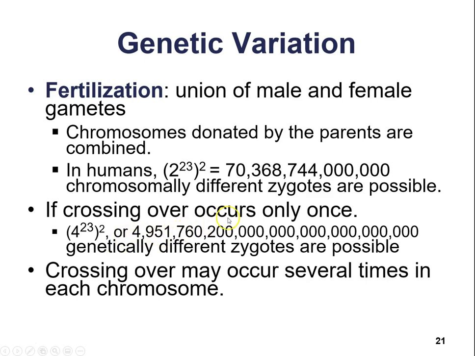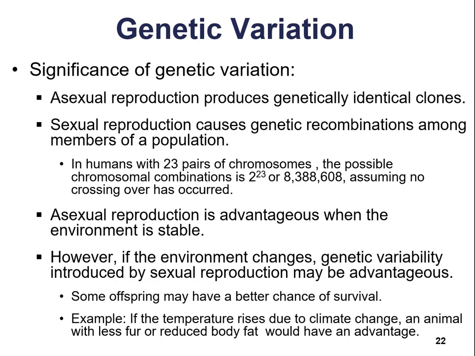If crossing over only occurs once, then you're increasing this a whole bunch more, okay? And crossing over doesn't only occur once. It may actually occur several times on each chromosome, okay? So you can see how much variation is introduced just by these two processes that we talked about. So again, this is reiterating this, right?